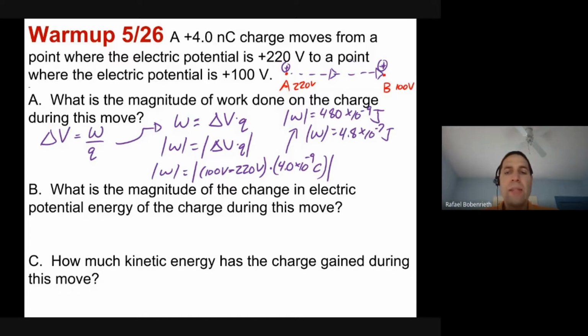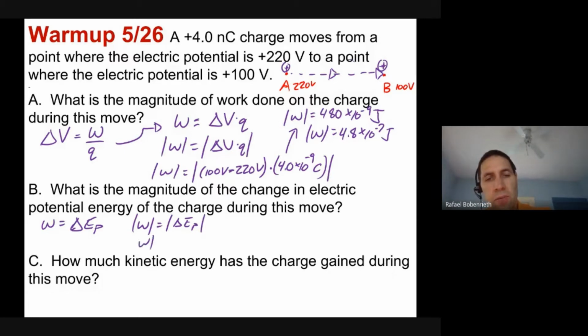Part B says, what is the magnitude of the change in electric potential energy of the charge? Remember, in these scenarios, the work done is equal to the change in electric potential energy. Those are pretty synonymous. If we're talking about magnitudes, I'm going to emphasize this with absolute value signs. I don't care about the sign of the answer; I'm looking for how much.